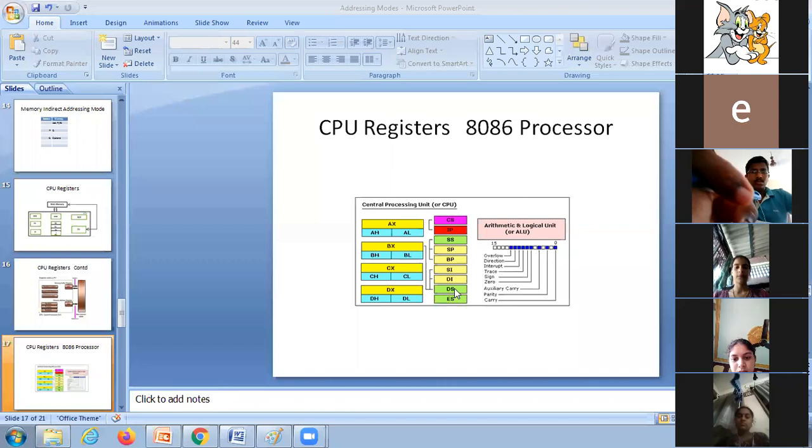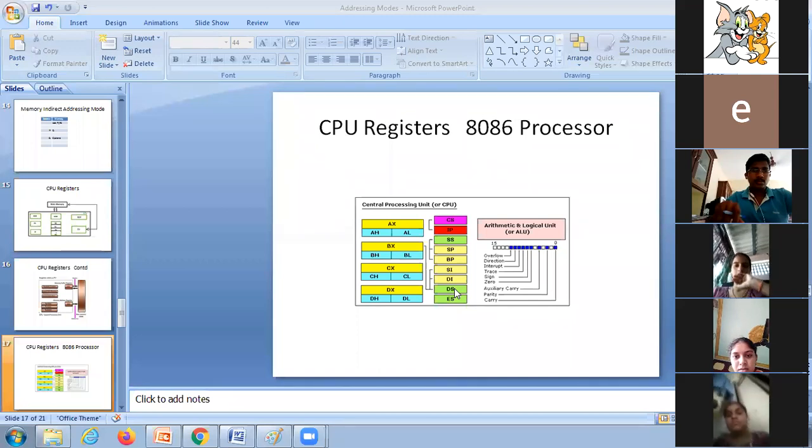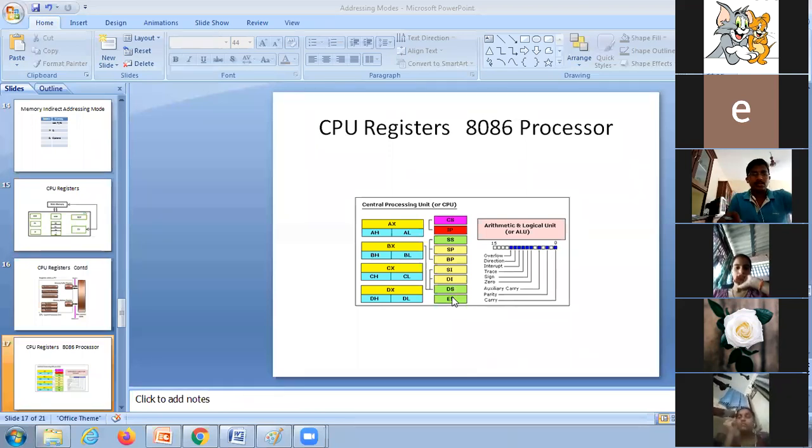DS is the data segment register, which stores the base address of the data segment. ES is the extra segment register, which stores the address of the extra segment. There are 4 segments in 8086: code segment, stack segment, data segment and extra segment.